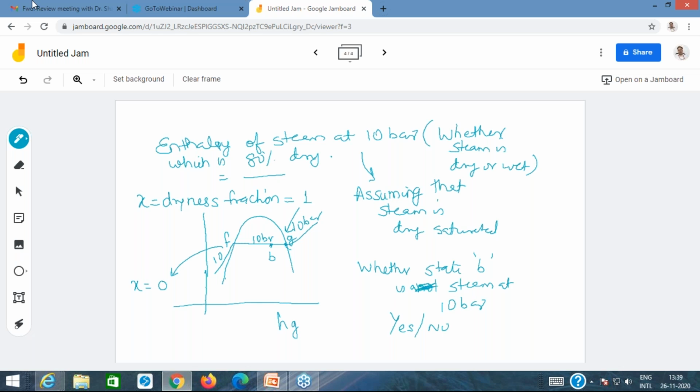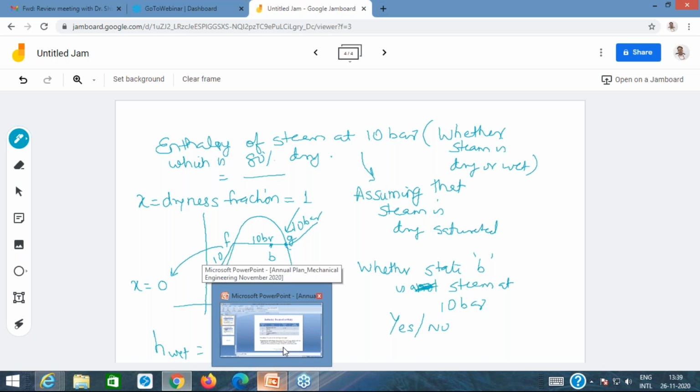If you look at this graph carefully, I need to find out the H of steam at B, and I know that its dryness fraction is 80%. It means that H of wet steam would be HF, that is this HF, plus X times of Hg minus HF, or HFG.